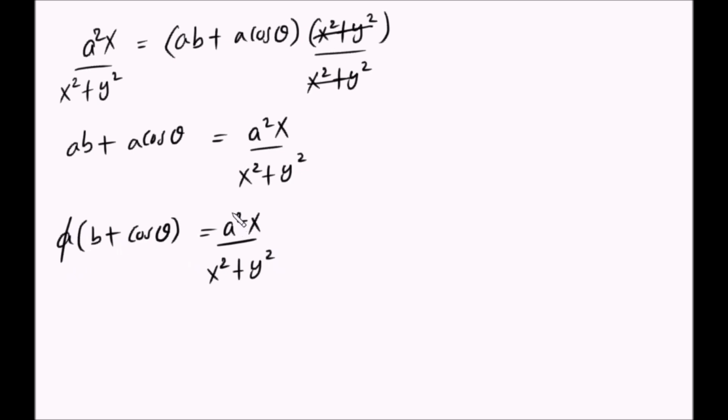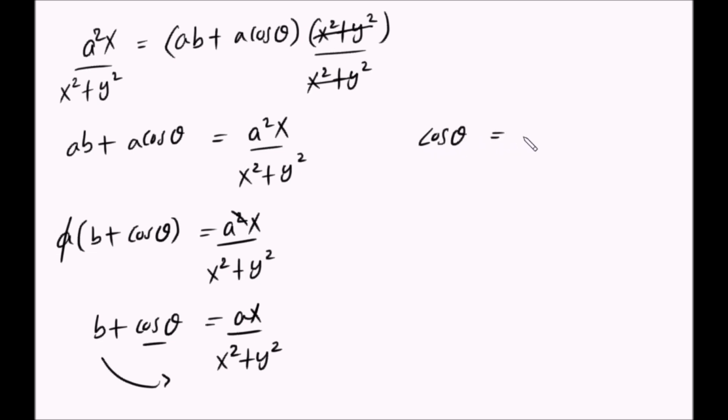So a moja nakufa na a moja hapa. Tunabaki na b plus cos theta ni sasa na ax over x squared plus y squared. So kupata cos theta huyu b mpeleke kule. Kwa hiyo you can see that cos theta is equal to ax over x squared plus y squared minus what? Minus b. Huyu ndo cos theta.